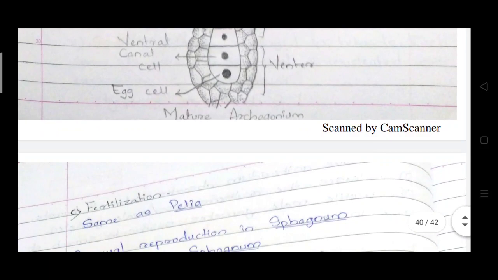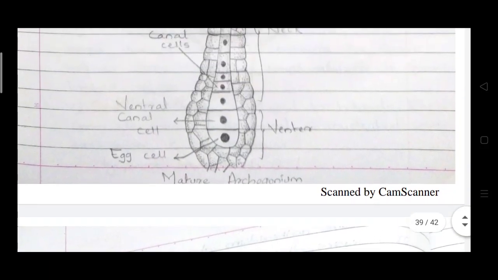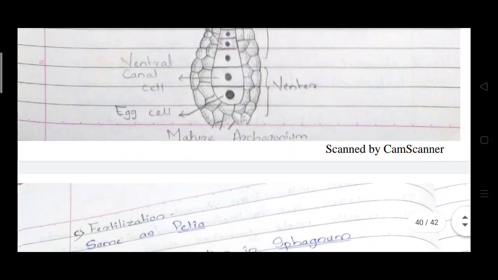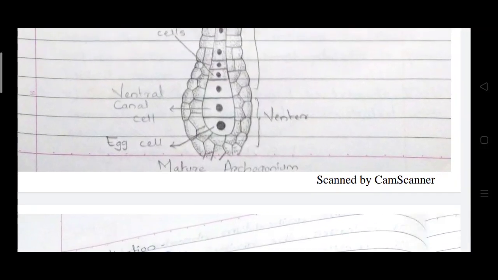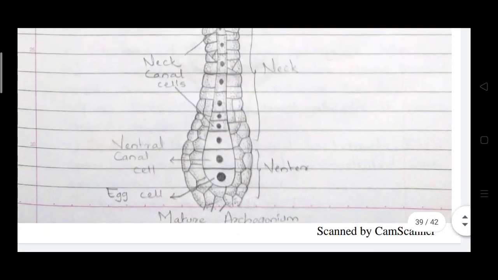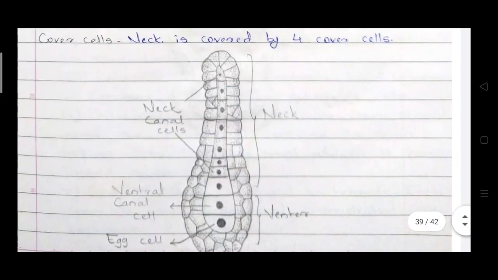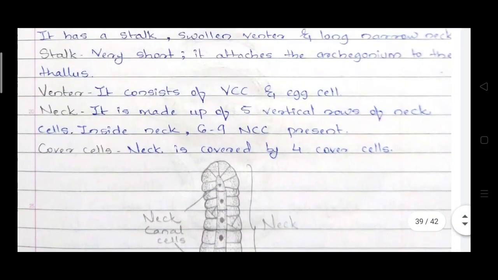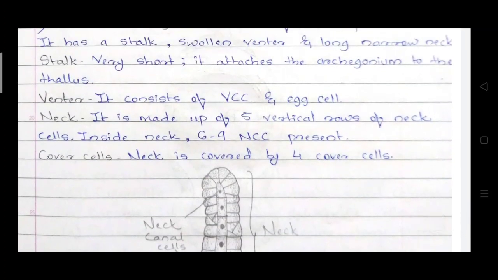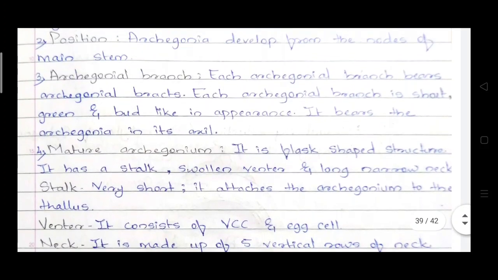So this is how sexual reproduction takes place in the Sphagnum plant. Fertilization is the same as in other bryophytes, that is, chemotaxis takes place.